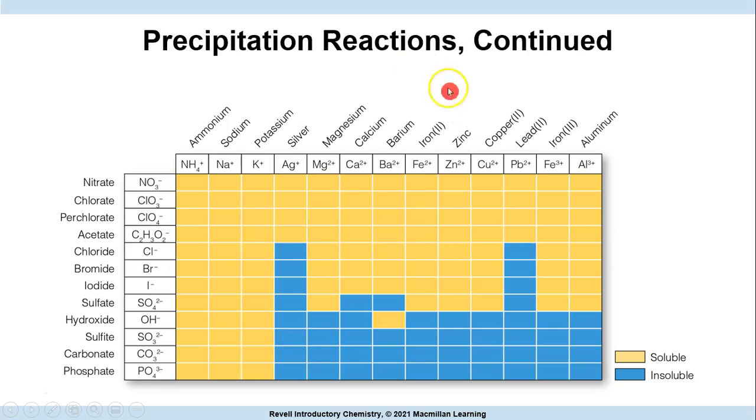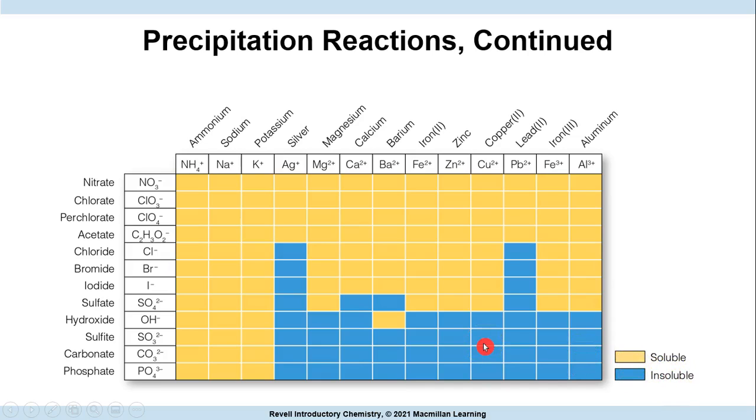Now, here is the precipitation reaction table. You can look at this table to determine if a compound that is formed is going to dissolve or not. When you see yellow, it shows that the compound is soluble, so no precipitate is formed. When you see blue, it means that it is insoluble and forms a precipitate.